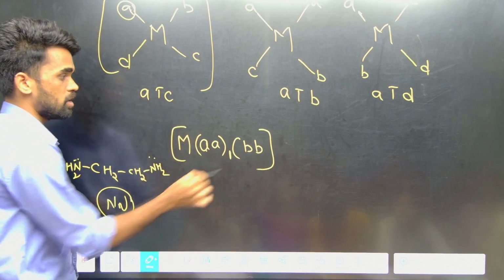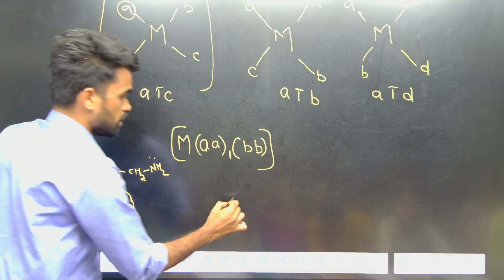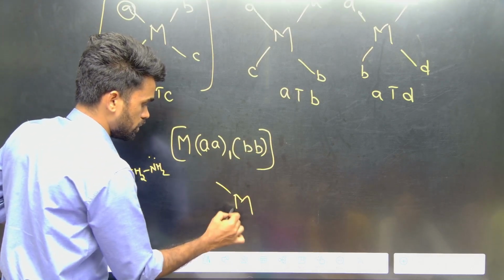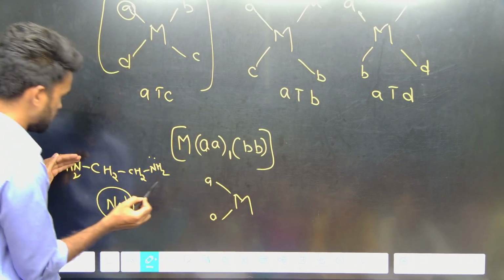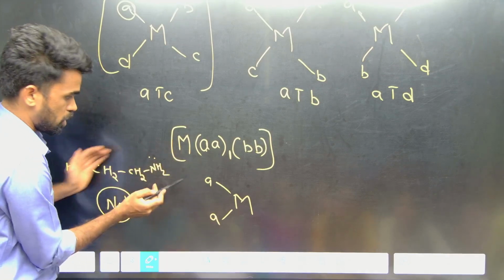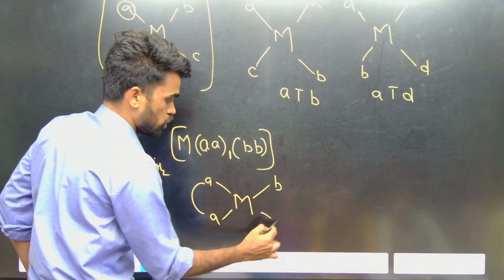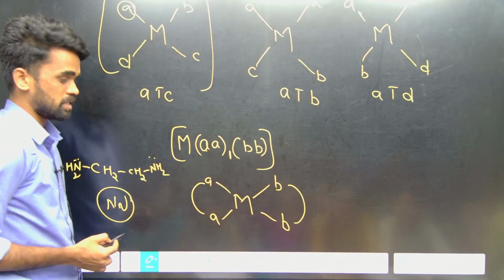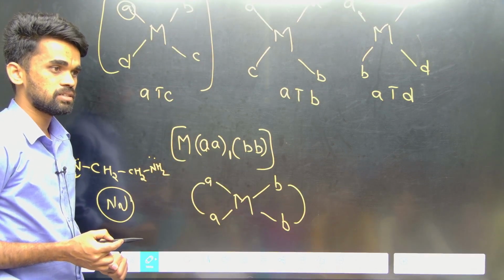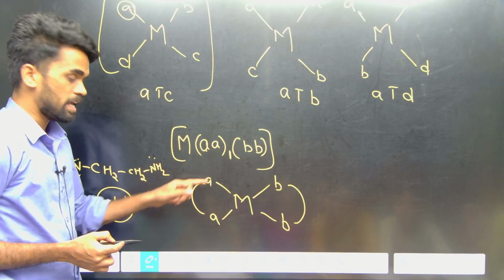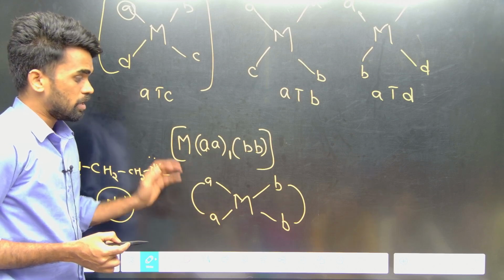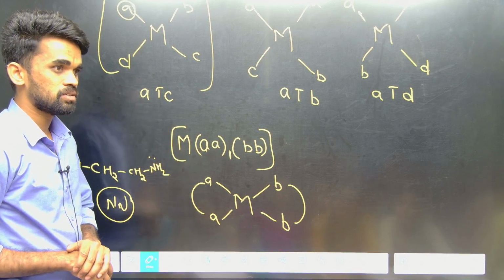Will it show or not? See, I can put AA over here. It means you are putting this ring here, like this it becomes. Here BB you are putting, like this it becomes. What is this, cis or trans? AA is on the same side, so cis. Now you try to draw the trans structure.